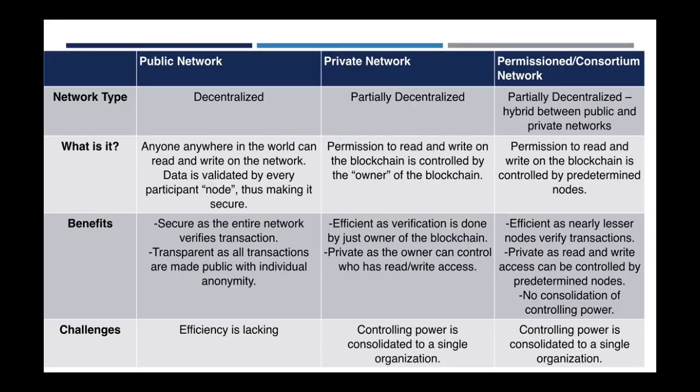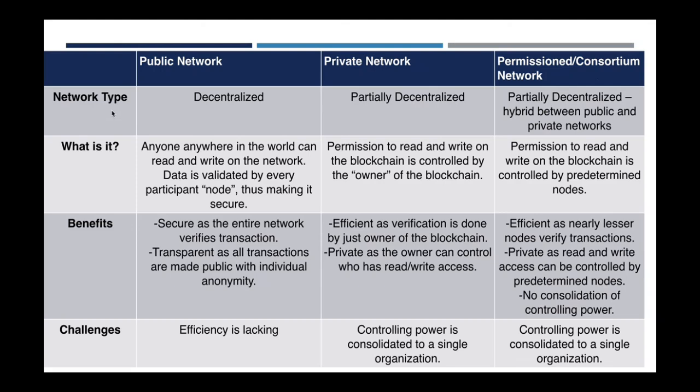Now let us understand the differences, where they are used, and what the benefits and challenges are of these three types of network. First one is public network, second one is private network, and the third one is permissioned or consortium network.